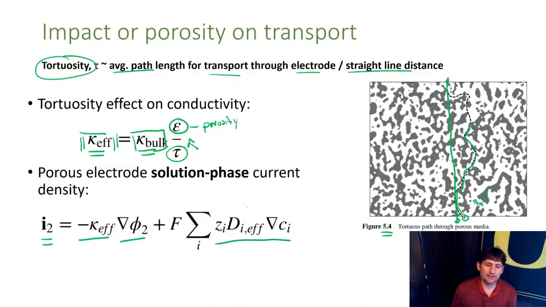Because this is the diffusive flux multiplied by the charge on each species. So this is the total current due to migration and diffusion of species in the solution, defined in terms of these effective parameters. The diffusion coefficient, we also have to define an effective diffusion coefficient based on the tortuosity.